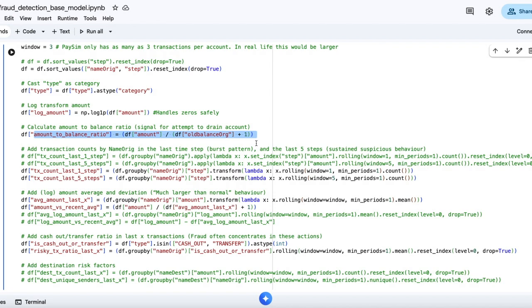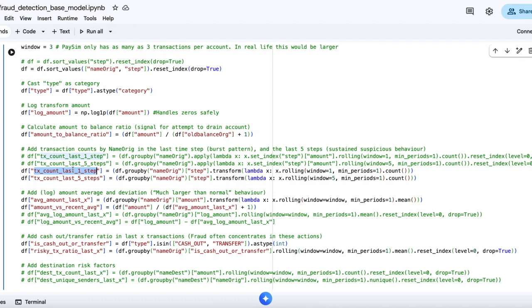To do that, I've first sorted the data by origin account and time step, and calculated total transactions originating from an account in the last one step in time. We could assume that's 1 hour in the simulated dataset.